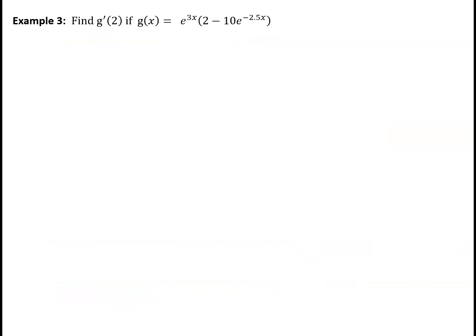For the next example, we've got to find the value of the gradient function when x equals 2 if the original function is g of x, where g of x equals e to the 3x times by 2 minus 10 e to the minus 2.5x. To answer this, we need to start by multiplying out the brackets.